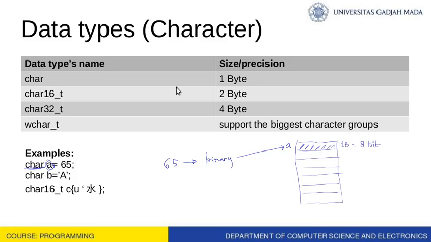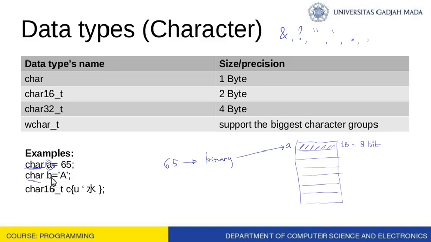And also you have others like ampersand, quotation marks, double quote, single quote, dot, comma, and so on. They are also characters. So char is suitable to store a character, only a single character.